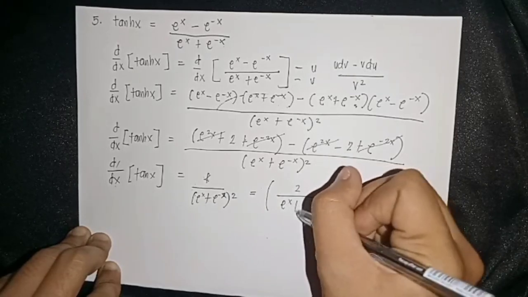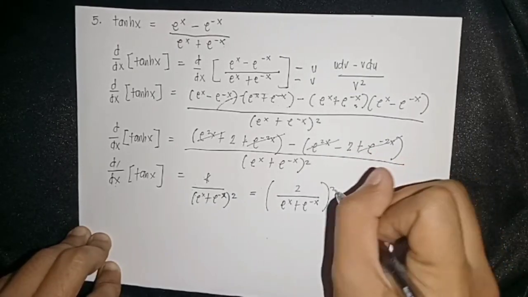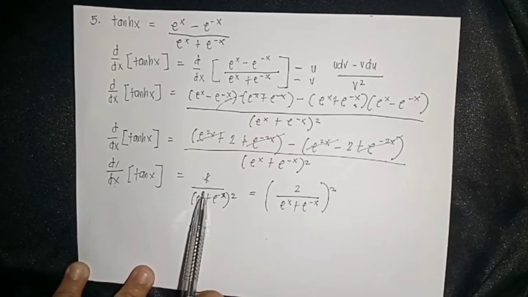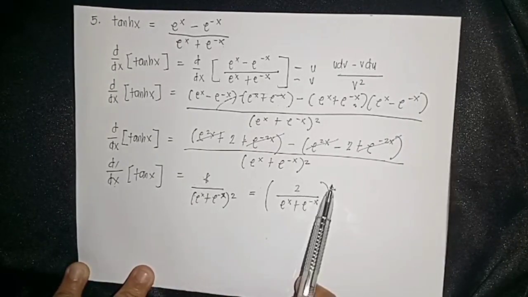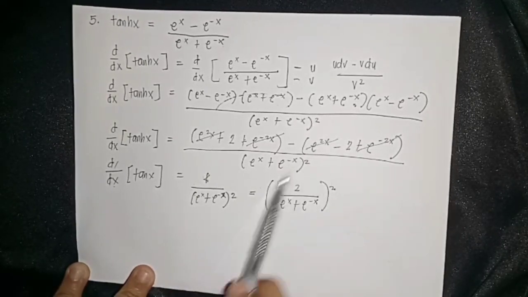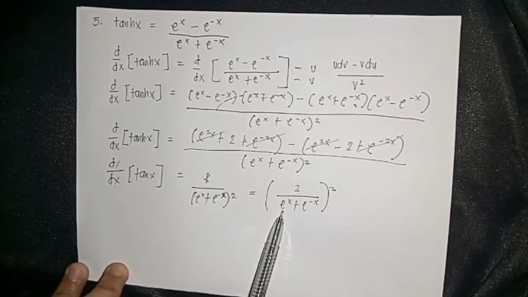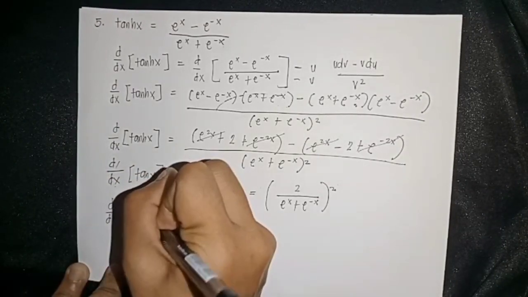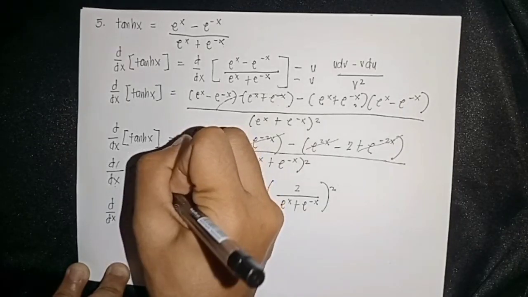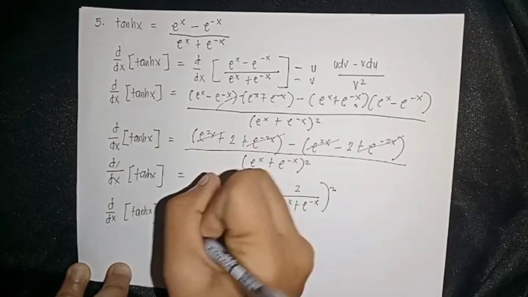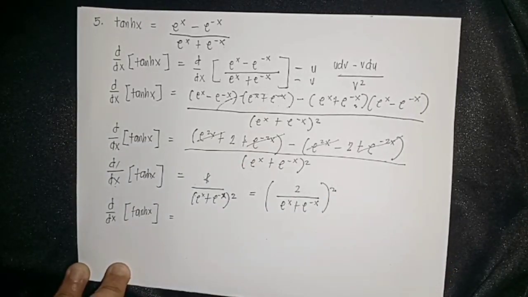So 2 all over e raised to x plus e raised to negative x, raised to 2, or the square of 2. Notice that if we multiply 2 times 2, it will equal 4. And if we square the e raised to x plus e raised to negative x, it will equal e raised to x plus e raised to negative x squared.